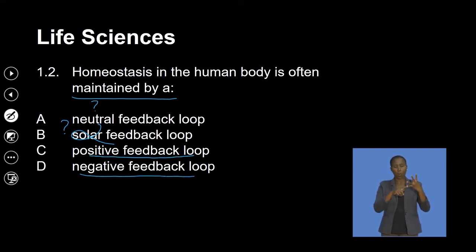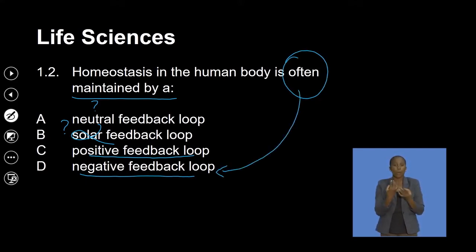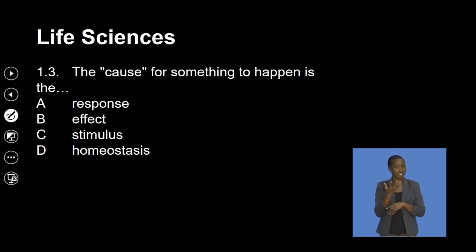And the question needs to be considered. So it's the negative feedback loop that is often used to maintain the homeostasis. Yes, the positive feedback loop does occasionally help, but it is the negative feedback loop that is most often used, and the emphasis is on the question and the word often.